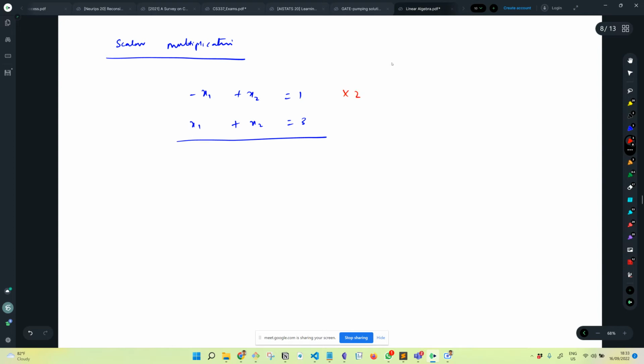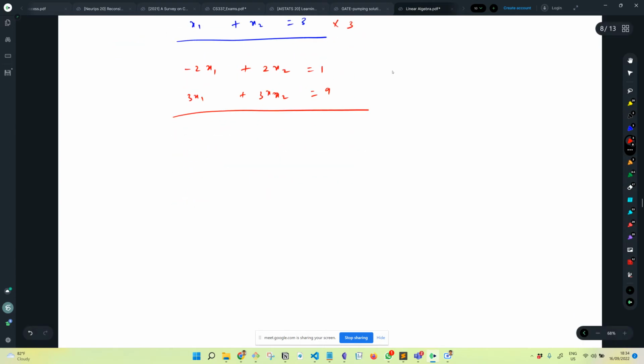For example, let's say I multiply the first by 2 and the second by 3. Then the resultant system will be minus 2x1 plus 2x2 equals 2, 3x1 plus 3x2 equals 9.